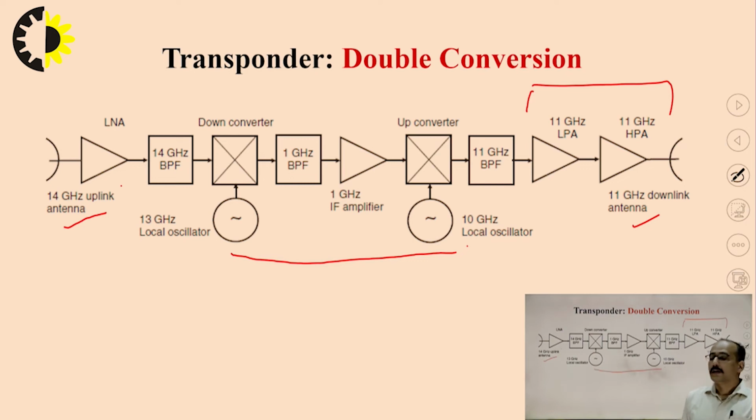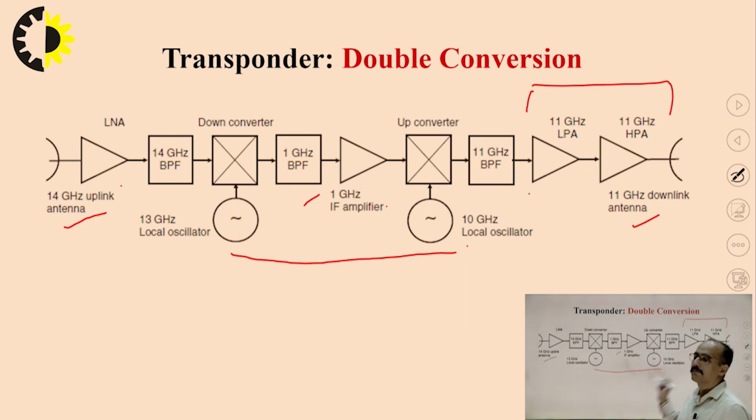So here we use a combination of up converter and down converter that will bring down the 14 gigahertz frequency to 1 gigahertz. Then that 1 gigahertz frequency is converted into 11 gigahertz.